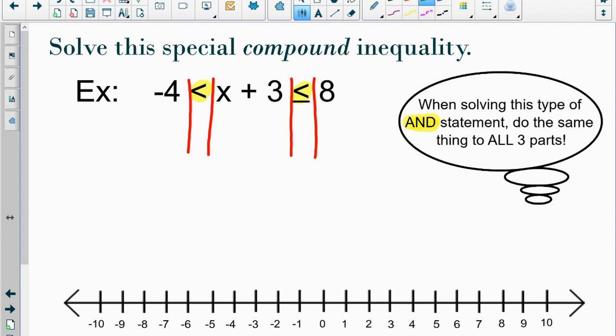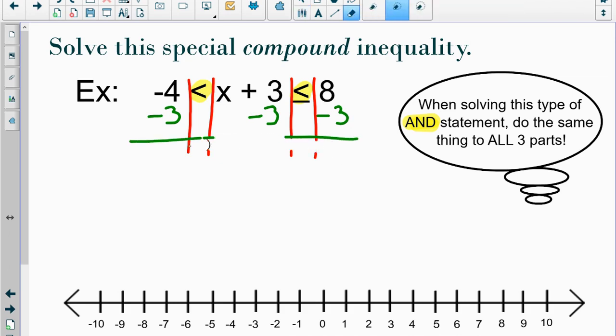So if I want to get x by itself here, I have to undo the plus 3. So we're just going to subtract 3 from the middle, from the left, and from the right-hand side. When we do that, we get x by itself in the middle. And all I did was subtract, so my inequality symbols will stay the same.